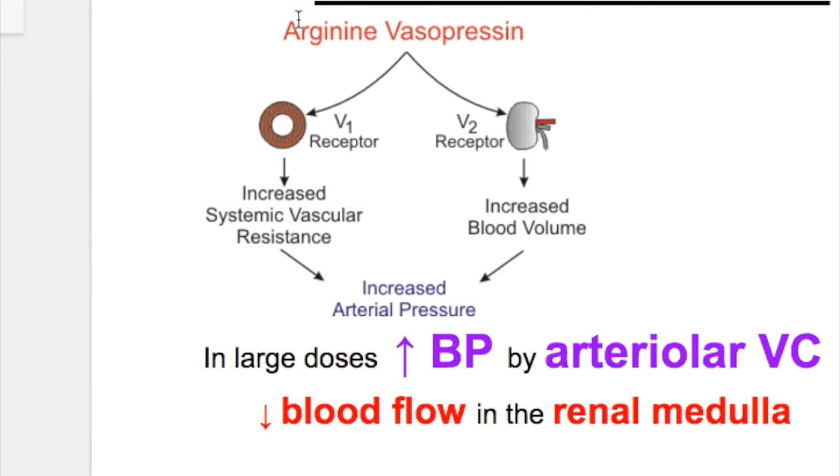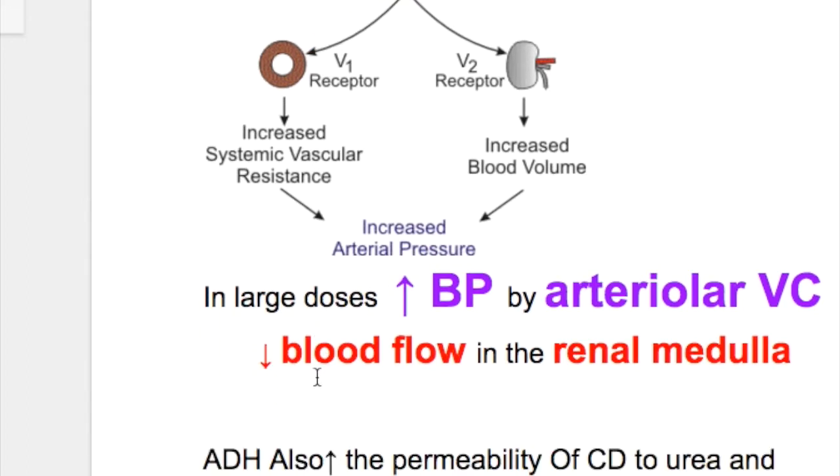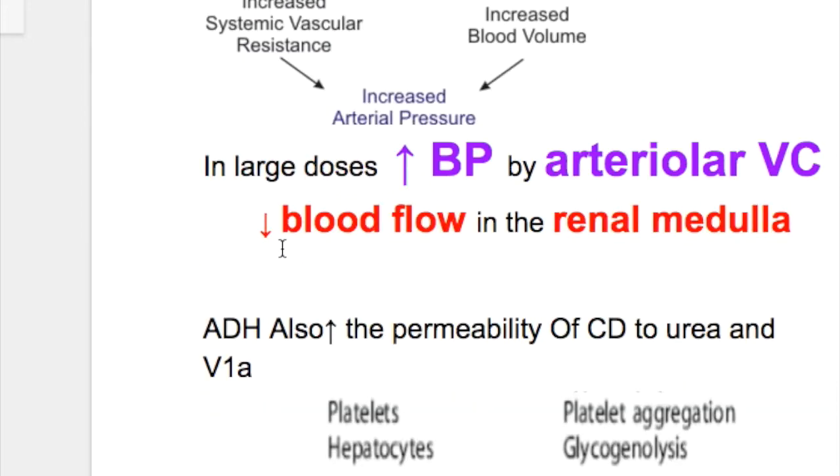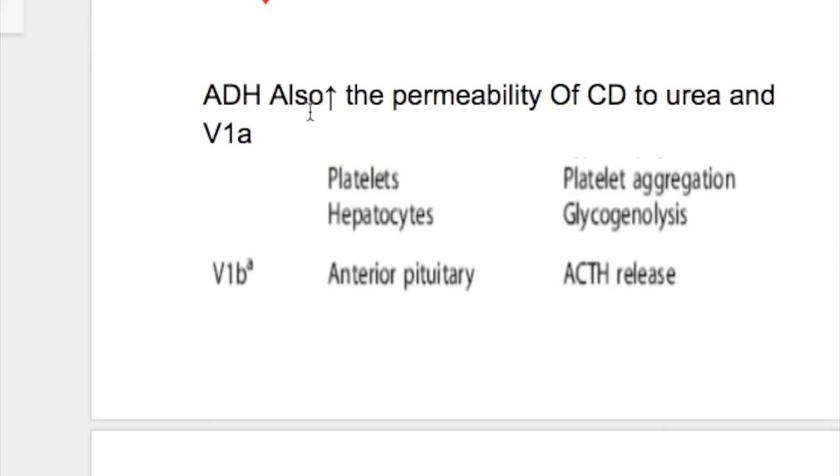The other functions of ADH. ADH acts on the V1 receptors in the smooth muscle of blood vessels, causing arterial vasoconstriction, and in large doses increases the blood pressure. It also decreases blood flow in the renal medulla due to vasoconstriction. ADH also increases the permeability of the collecting duct to urea and other solutes.